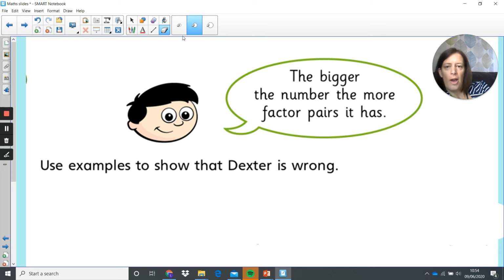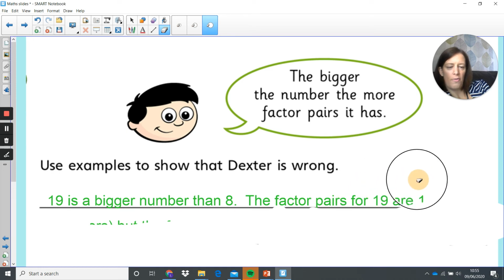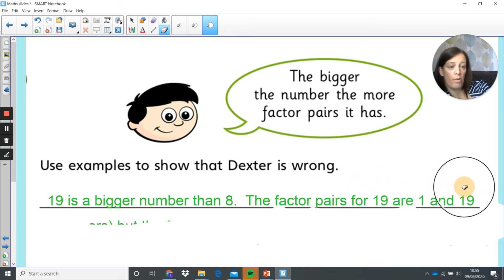Okay, so let's see how I prove Dexter to be wrong. 19 is a bigger number than 8. The factor pairs for 19 are only 1 and 19. Nothing else goes into 19 except 1 and 19. So it only has 1 factor pair, 2 factors.